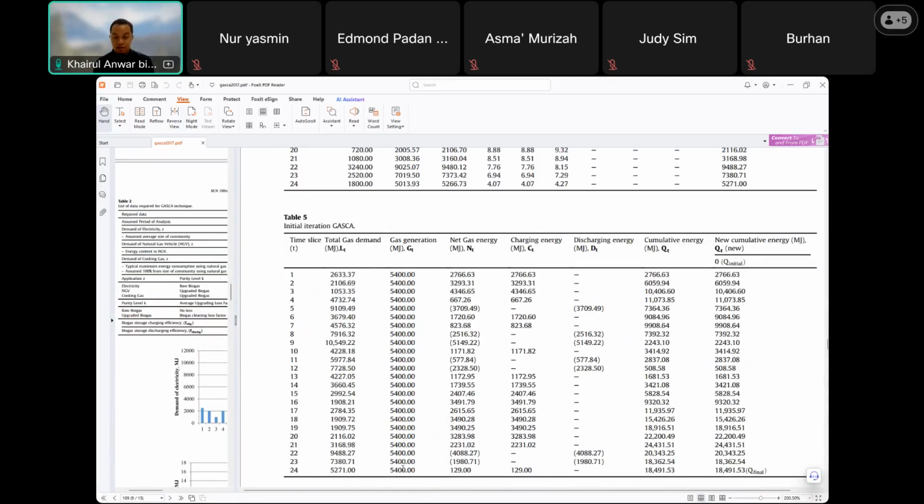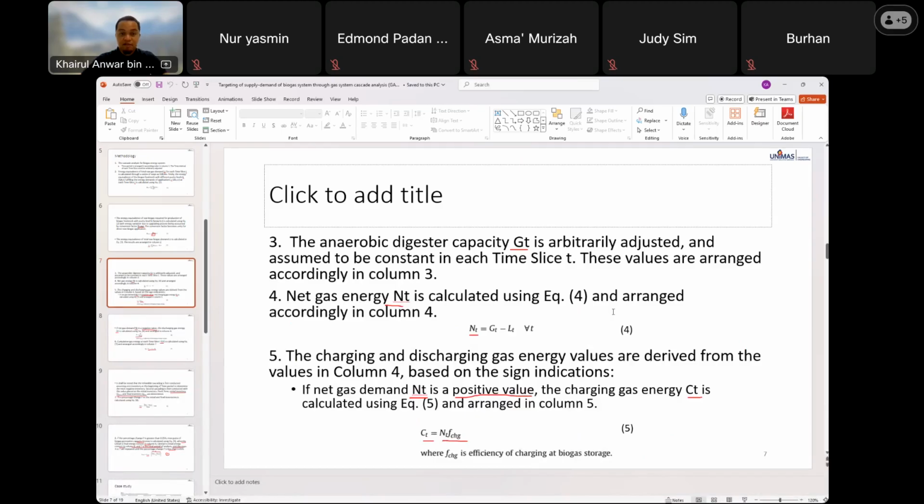the changes, the optimization is occurring here, gas generation, which will affect all of the columns afterward. Right.